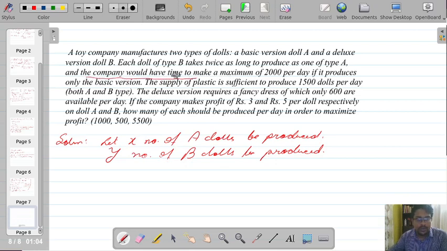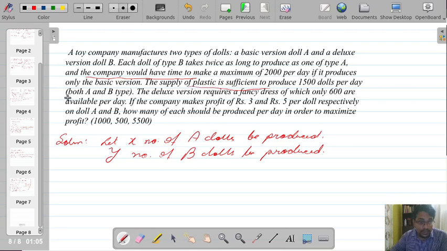The company would have time to make a maximum of 2000 per day if it produces only the basic version. So if the company produces only the type A doll, it can make a maximum of 2000 dolls per day. The supply of plastic is sufficient to produce 1500 dolls per day, both A and B type.